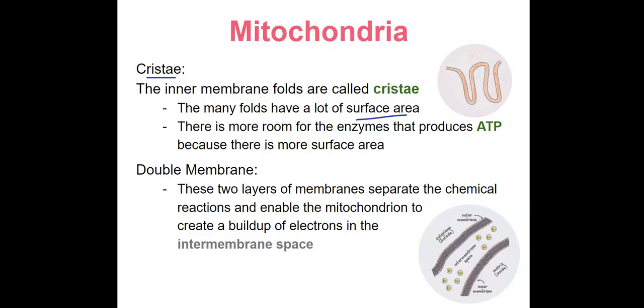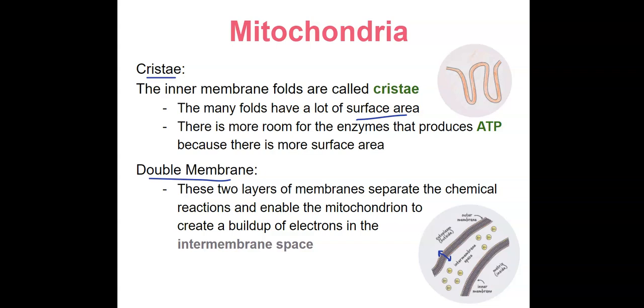And then the mitochondria also has a double membrane, just like our cells. We have a cell membrane. The mitochondria also has that phospholipid bilayer that allows for the movement of molecules in and out of the organelle.